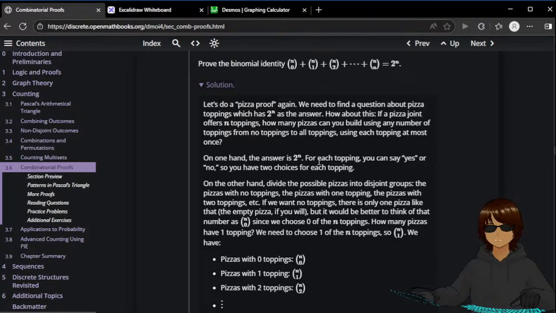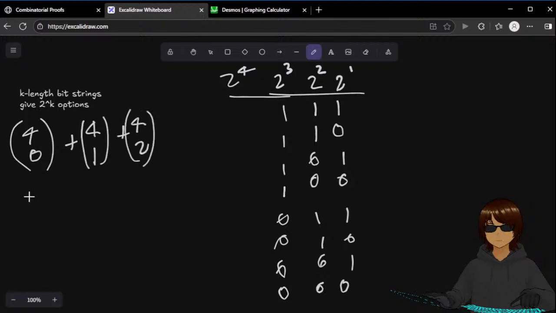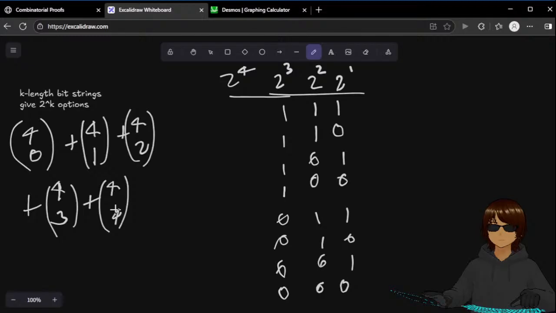And what they're saying is 4 choose 0, 4 choose 1, 4 choose 2 and so on should add up to 2 to the power of 4, right? So 4 choose 0 is a 4-bit string with weight 0. 4 choose 1 is a 4-bit string with weight 1. 4-bit string with weight 2. 4-bit string with weight 3. 4-bit string with weight 4.